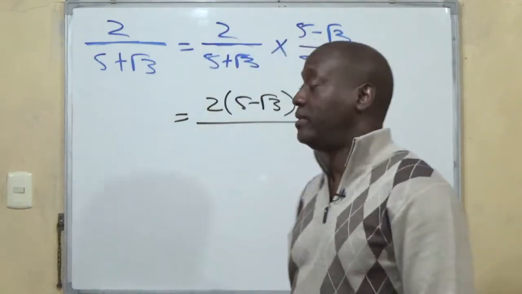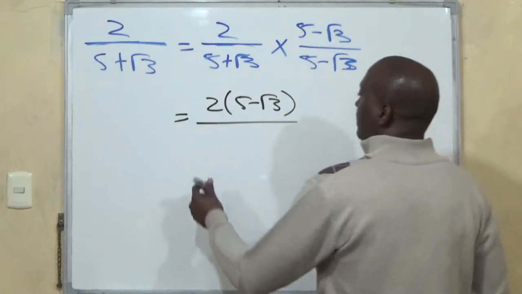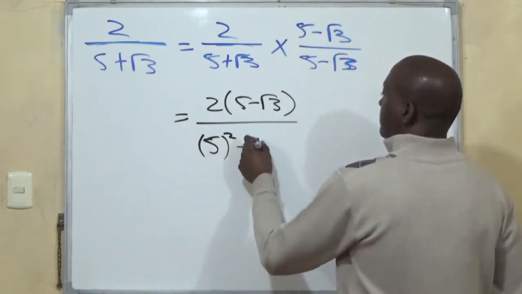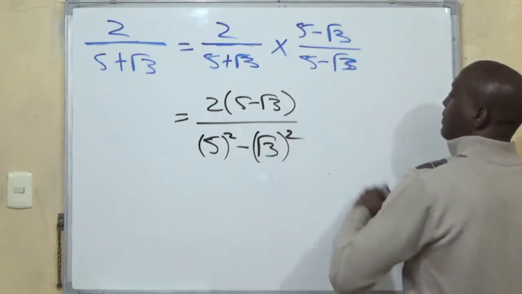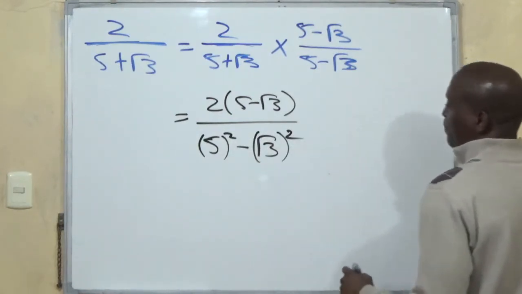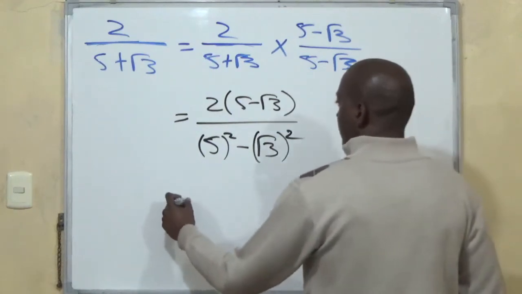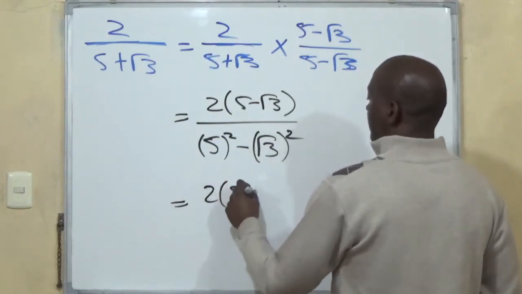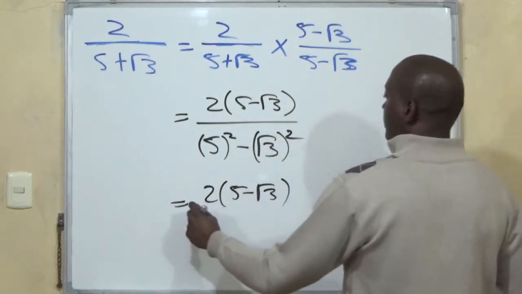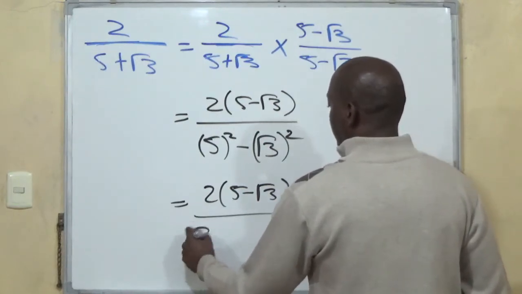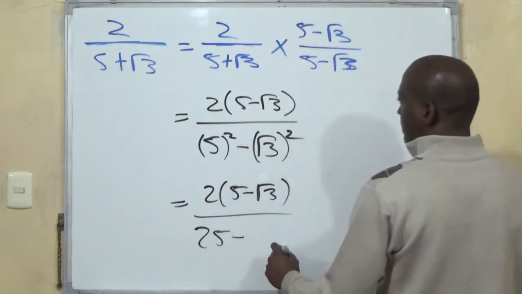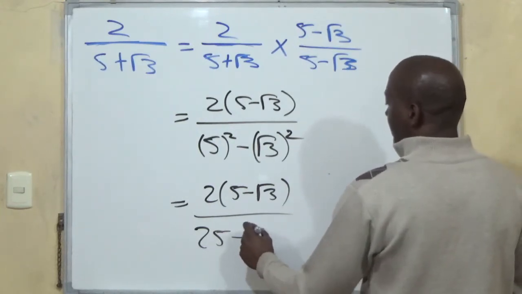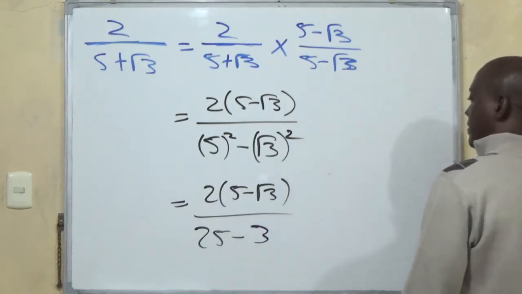And that is exactly what we're going to do. So here now what you'll end up with would be 5 squared minus root 3 squared. Let me leave it like this for now: 2 into 5 minus root 3 all over 25 minus 3, sorry, 25 minus 3, right?